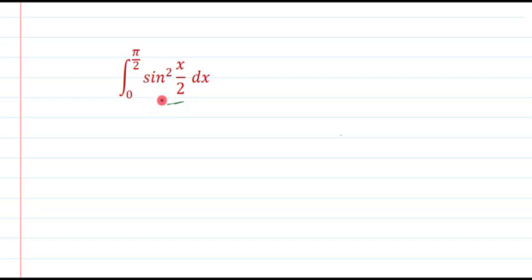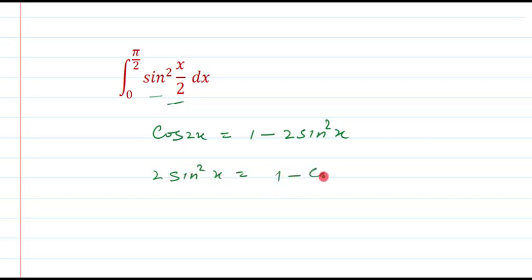You should know how to find out the integration of this function. If you understood, it's very well. Otherwise, let me tell you, we know very well that cos 2x is equal to 1 minus 2 sin square x, and from here we are getting 2 sin square x is equal to 1 minus cos 2x.